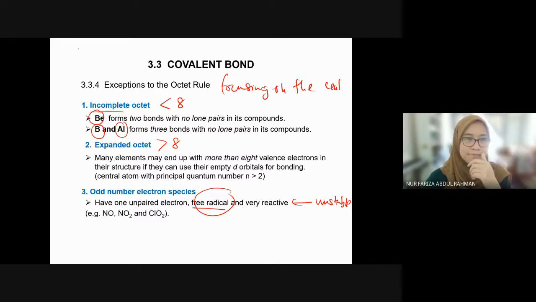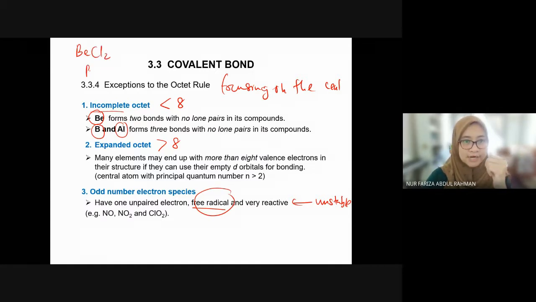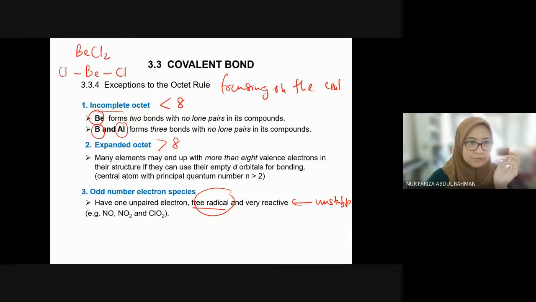For example, beryllium chloride, BeCl2. When we draw the structure, we go through all the process and we get the Lewis structure for BeCl2. We will have a tendency to octet it, because beryllium, as you can see, has yet to achieve octet, so we would form a double bond, a lone pair from Cl forming a double bond with beryllium.